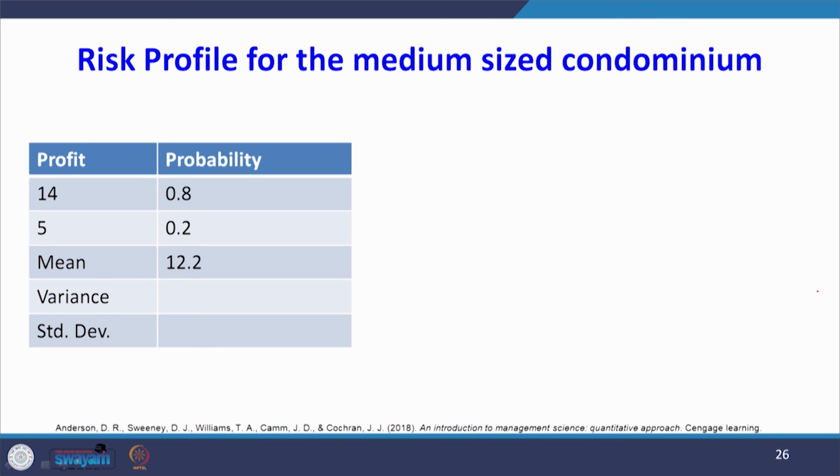Now, we can quantify this. First we have to draw the risk profile: for 5 the probability is 0.2, for 14 the probability is 0.8.